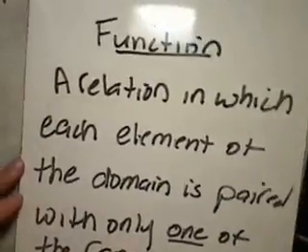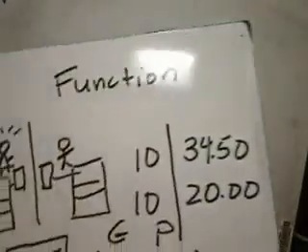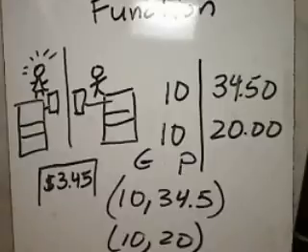So keep that in mind. What was the problem here? The problem here is that 10 was paired with two different numbers, 34.5 and 20, and that is not going to function, especially with the price of gas.